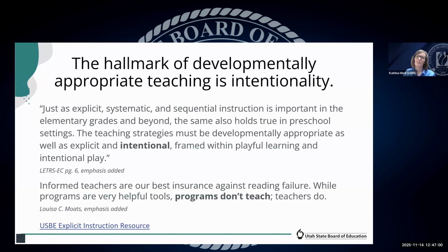But Letters Early Childhood says the hallmark of developmentally appropriate teaching is intentionality. If you are thinking about your students and guiding your instruction to best meet their needs, then what you are doing is developmentally appropriate. For some kids, that might look like sitting down and having a conversation.